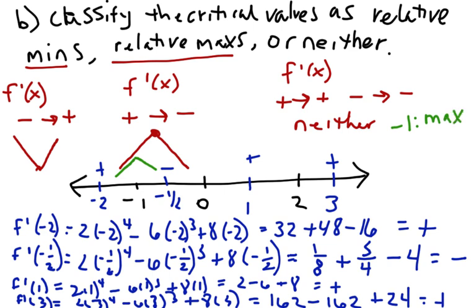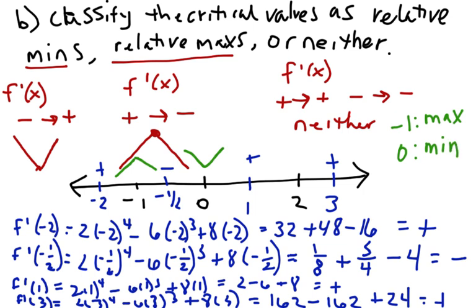Okay? Now, before I'm at 0, I have a negative first derivative, which means I'm decreasing. I hit 0. After that, I have a positive first derivative, which means I'm increasing. So at 0, I would classify that as a minimum.